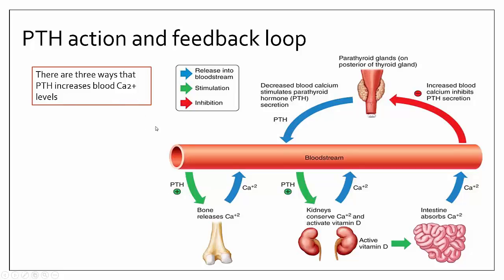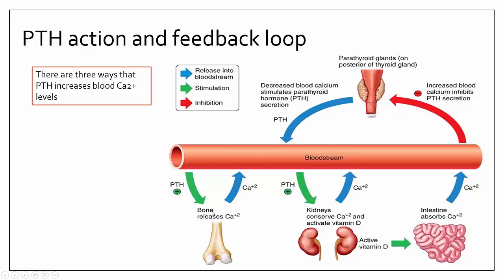Here's another one of our fancy figures with a bloodstream and 3 different colors of arrows, okay? So here's the parathyroid glands. Decreased blood calcium stimulates parathyroid hormone, PTH. It is released into the bloodstream, all right? So that's what causes the release, not the hypothalamus, not the pituitary, decreases in blood calcium.